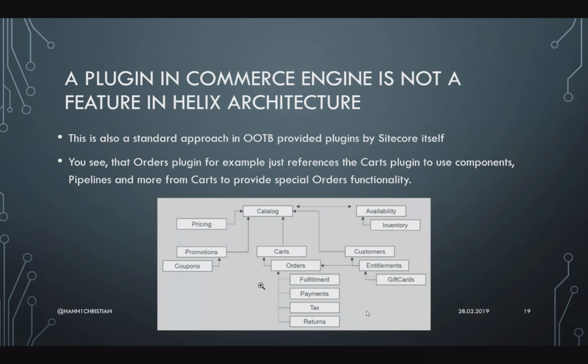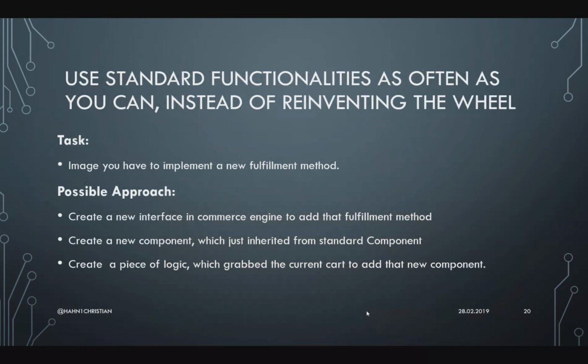Then another point is use standard functionalities as often as you can instead of reinventing the wheel. Might be obvious, but for some cases it could also happen that you try to reinvent the wheel, try to make your own thing. But you should go one step back and see what the commerce system can already do and how I can extend that commerce system. So for example, I already saw an example where the task was to implement a new fulfillment method.